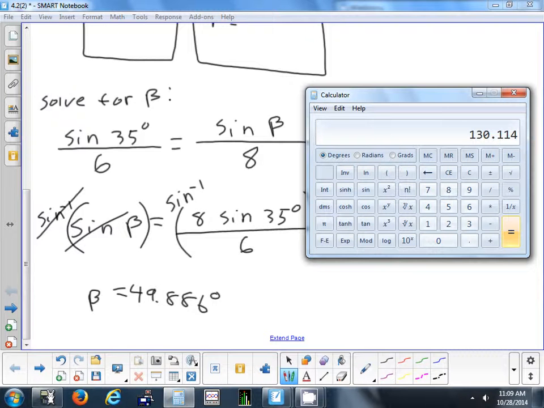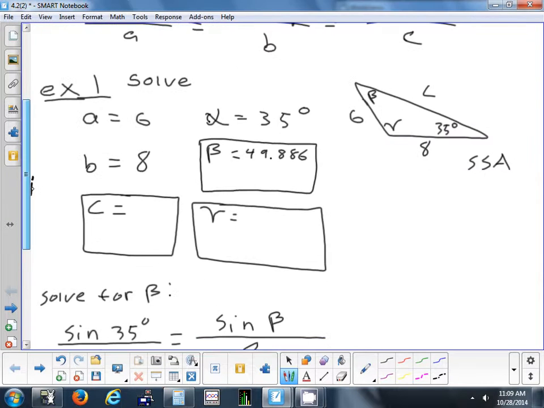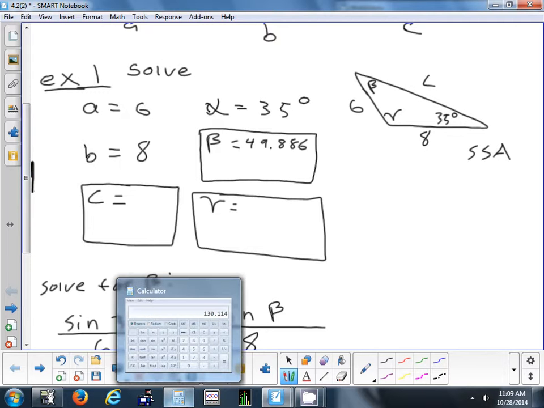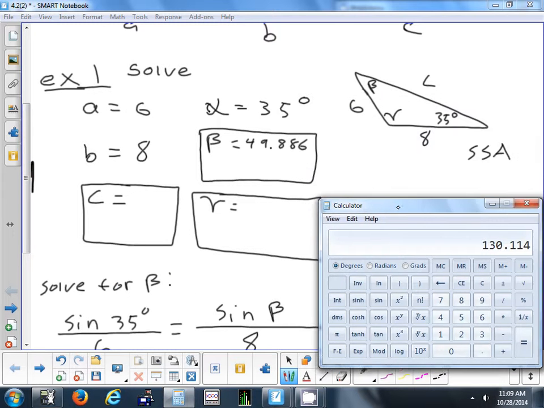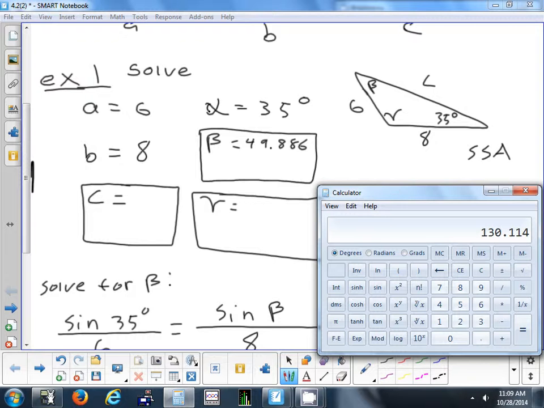Let's go back up and look at the angle that was given and see if that's too big or not. We were given a 35-degree angle to start. Is it possible to fit a 35-degree angle and a 130-degree angle in the same triangle? Yes. So this time the second answer does work.